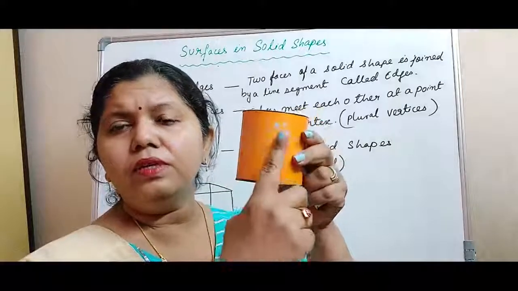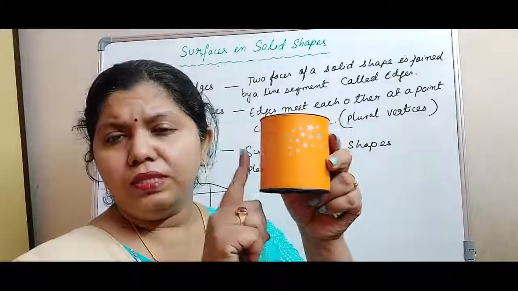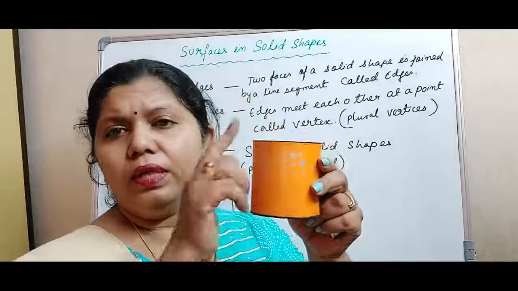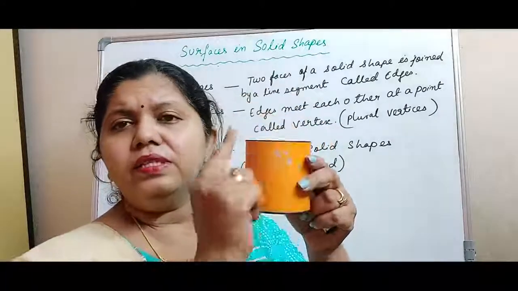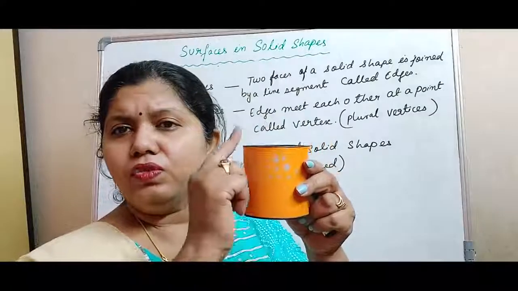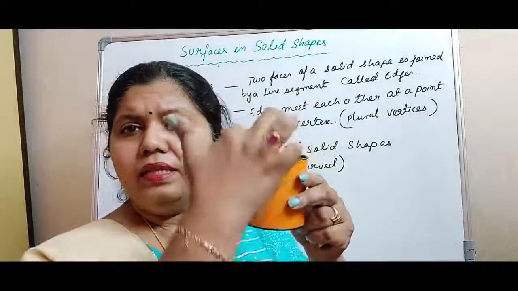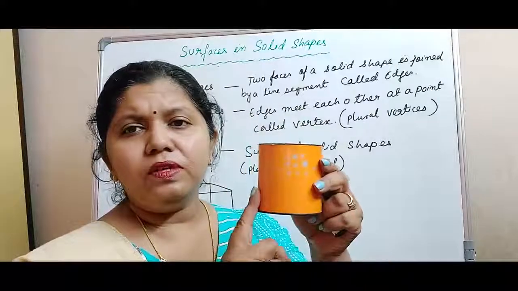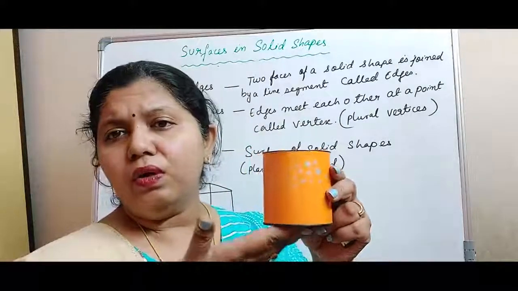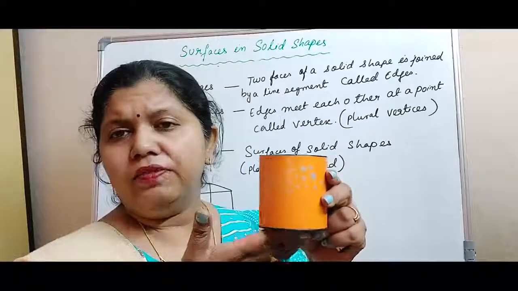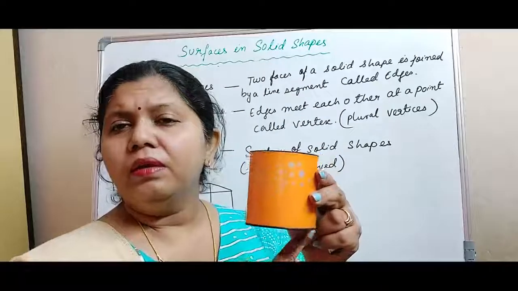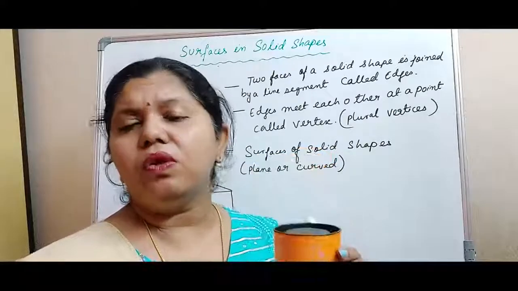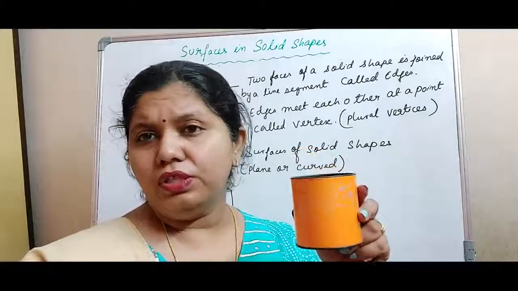This is the curved surface and these are the flat ones. Now this flat surface is joined with the curved surface through a curved line, a circle. Even this curved surface is joined with the bottom flat surface again with a curved line. So these two lines are called edges of this solid shape.